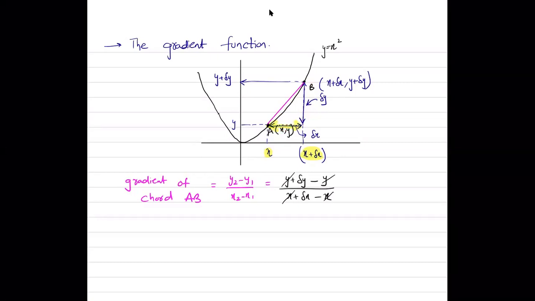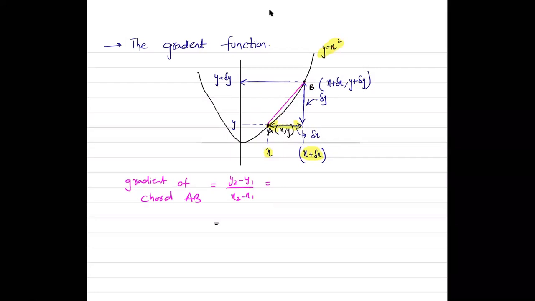This is one thing. Now, instead of doing this, what I want to show you is, y was equal to x squared, right? Whatever value of x I plug in, I get the y coordinate. Points A and B are lying on this function, so they are going to satisfy the equation of the curve.